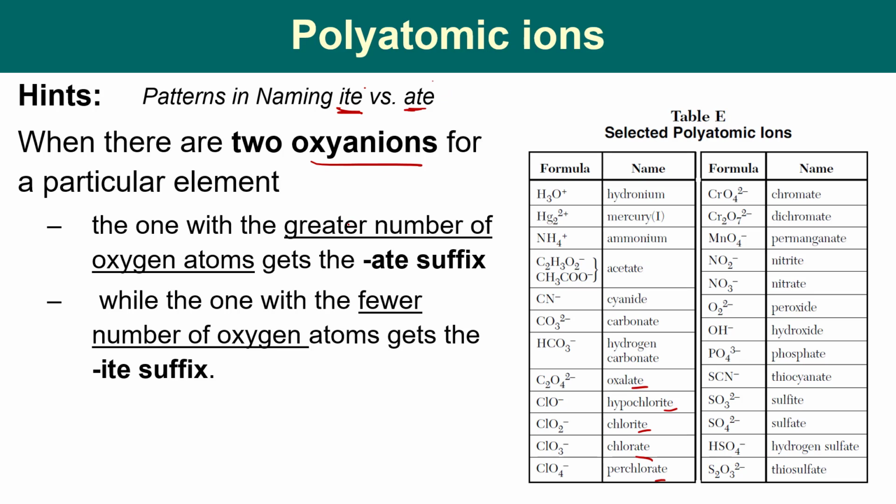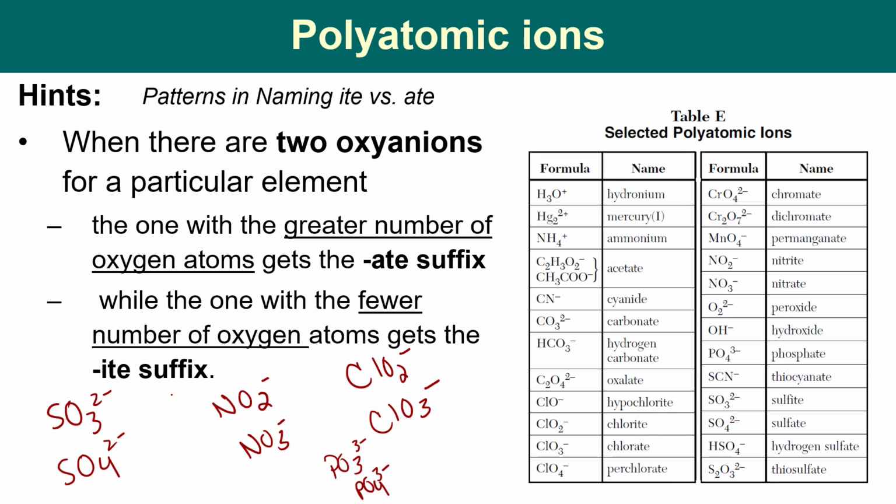Basically, if you have a family of polyatomic ions, and here are some of your families you'll see: sulfur-based, nitrogen-based, chlorine-based, phosphorus-based. When you are looking at the formulas that are here, the greater the number of oxygen in the family, that usually is the polyatomic ion that takes ate as its suffix.